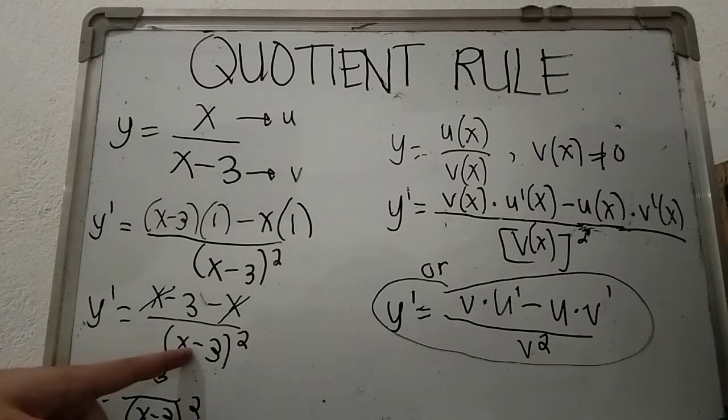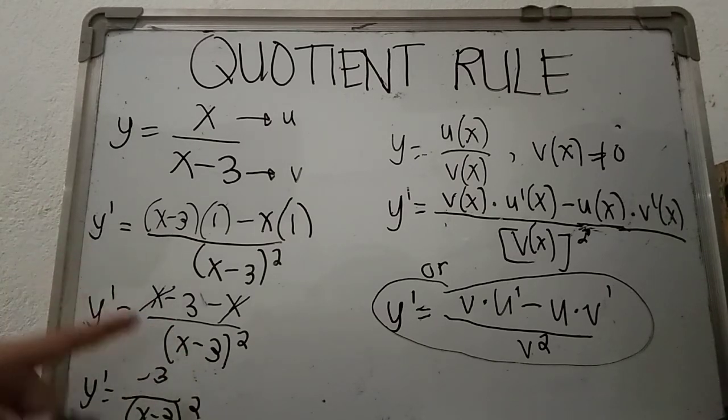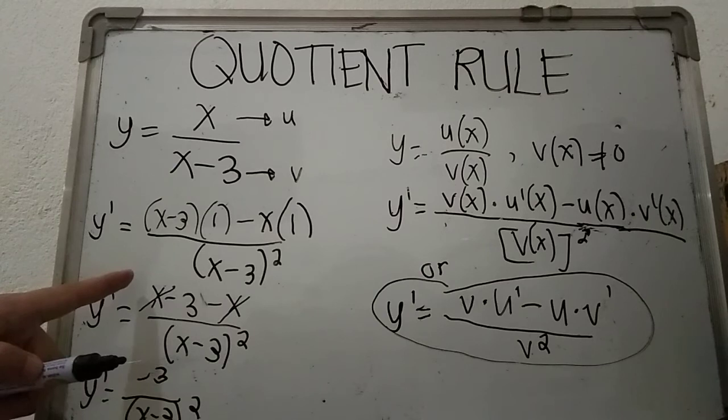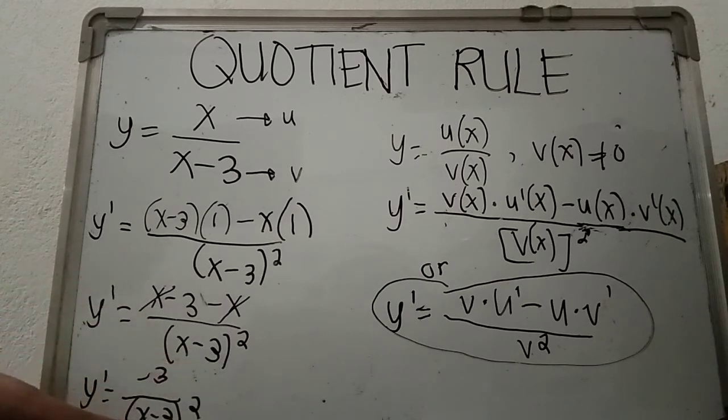At this point, we are not expanding x minus 3, or shall I say, we are not multiplying x minus 3 by itself. It's because there are cases where we don't need to expand our denominator because we have something to cancel on the numerator after simplification. But in this case, we don't have something to cancel with x minus 3 on the numerator. So all you have to do is copy, retain, or you can just expand. What is the expansion of x minus 3 squared?